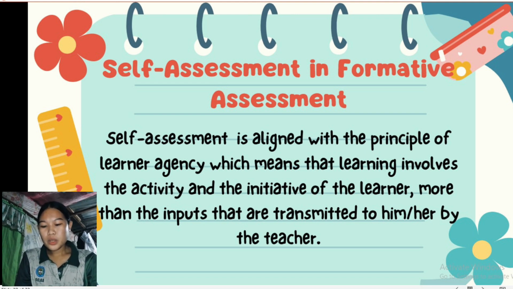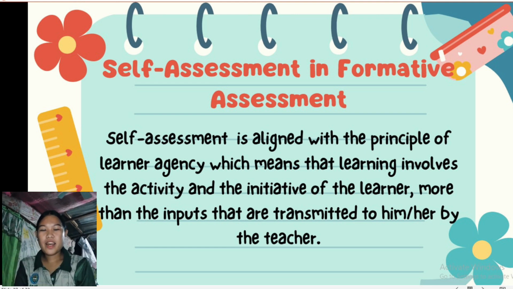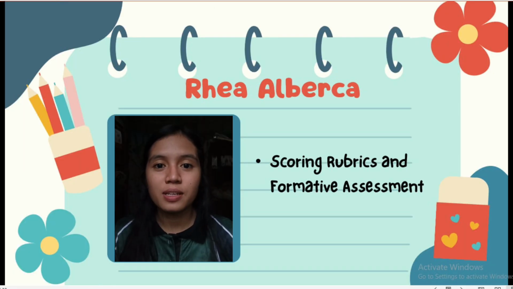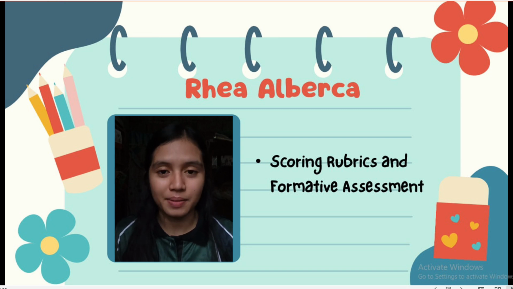In open-ended questions, students answer questions like, what was the easiest concept for me to understand? What concept am I still struggling with? In conclusion, self-assessment is evaluating your own skills and performance at the end of the discussion. That's all. Thank you.